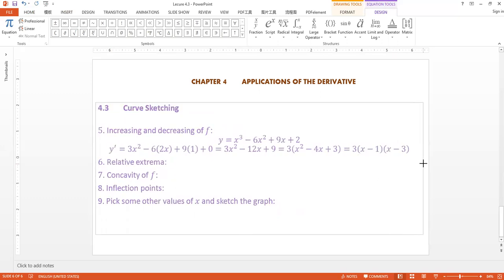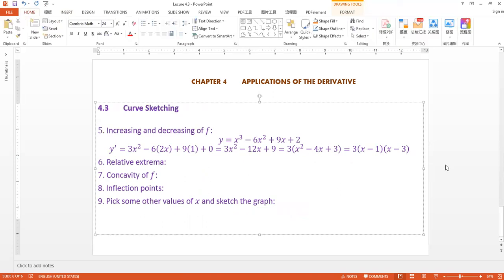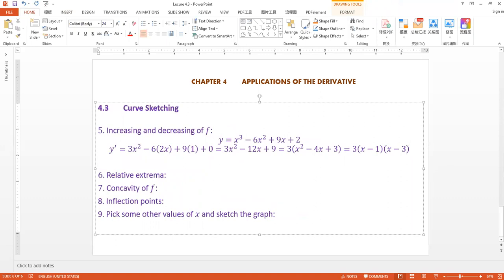So you just find the two numbers. When you multiply them, -1 times -3, you get +3. And when you add them, -1 plus -3, that's -4. So that's right. And then you set y prime equal to 0 to find the critical numbers.